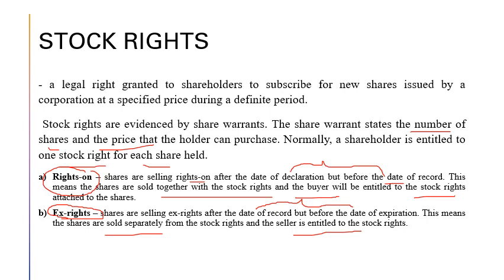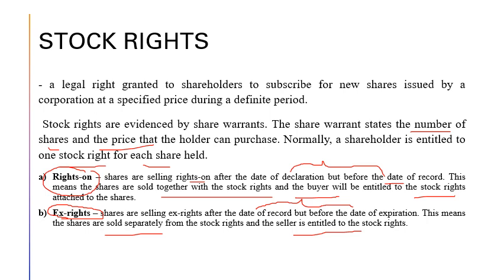Okay? So again, the difference between the two is whether the stock rights are passed on or not. If the shares are sold between the declaration date and the date of record, when the buyer buys the shares, the stock rights are included.